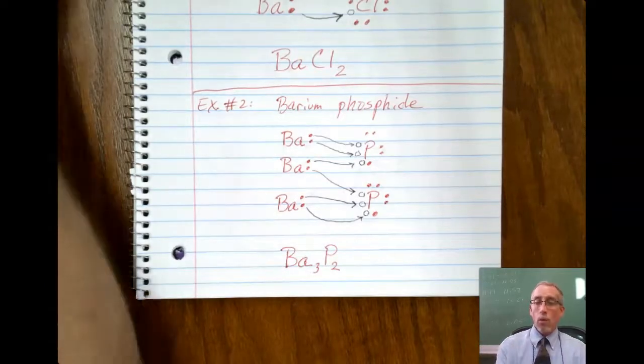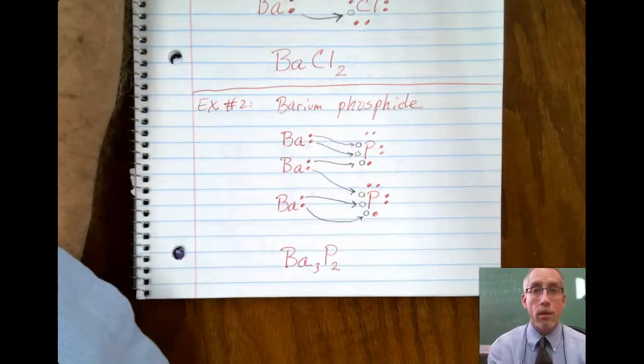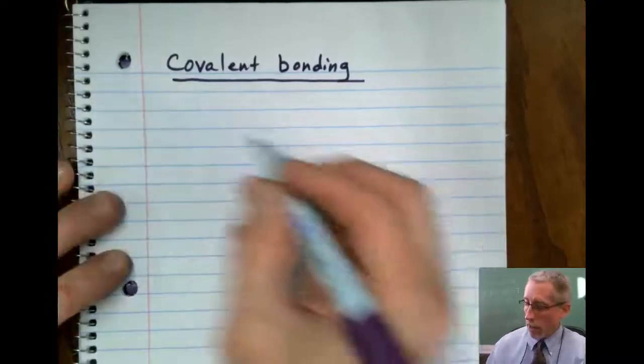So now let's look at what happens with the other kind of bonding, what we call covalent bonding. So now you can write some new information down.